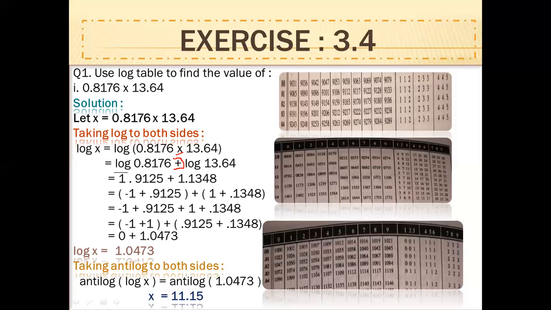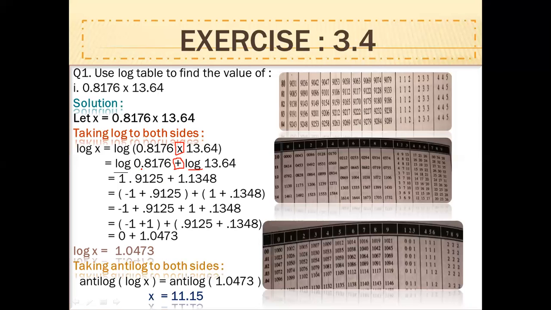You remember that we did this in exercise 3.3, where log mn is equal to log m plus log n. So according to that law, we change the multiplication into addition, and we use log with both numbers, the first one and the second one: log 0.8176 and also log 13.64.